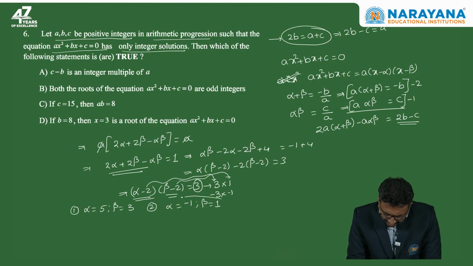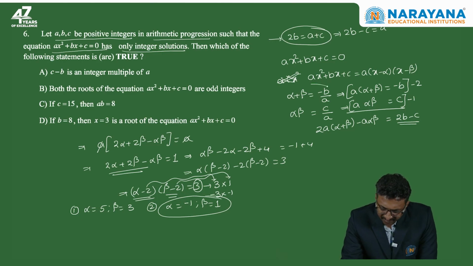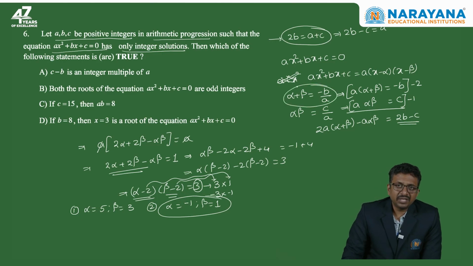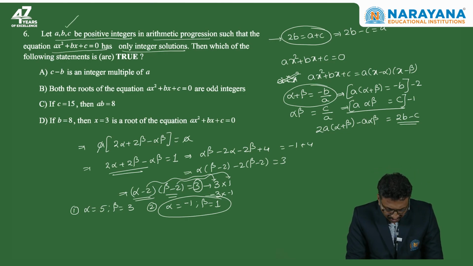But if you have alpha is equal to 1 and beta is equal to minus 1, now you can see that alpha plus beta is minus b by a, right? So b is becoming 0. But according to the question, a, b, c are positive integers. So this case can be discarded.